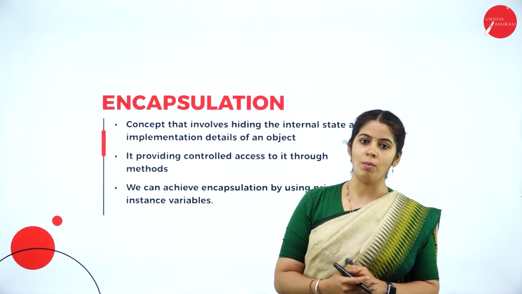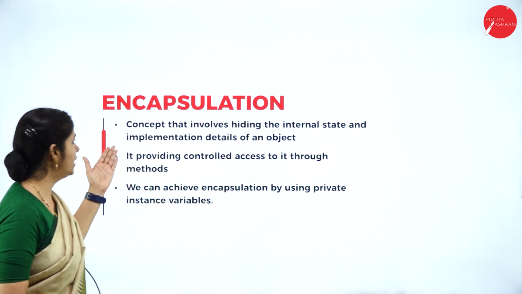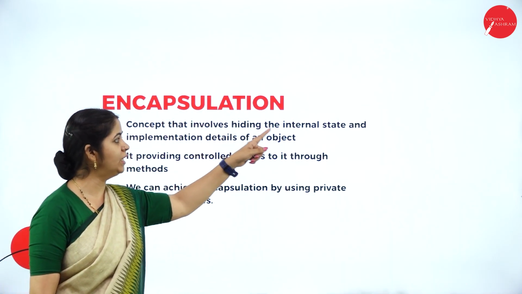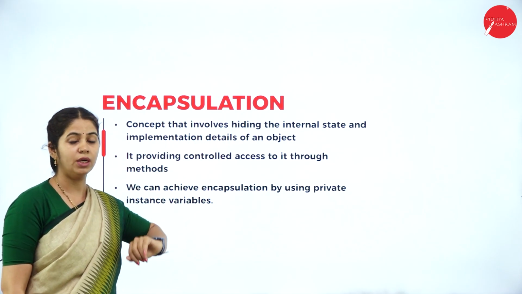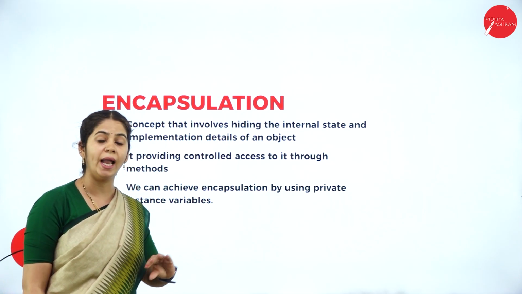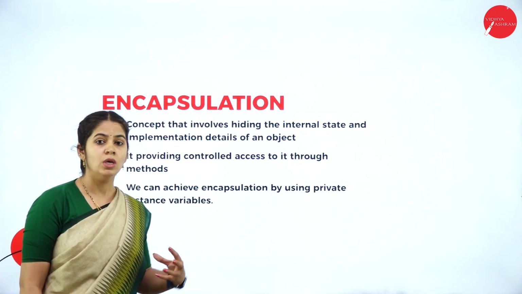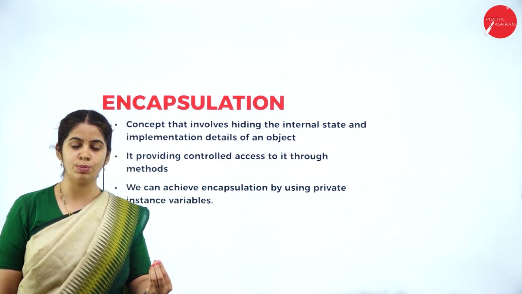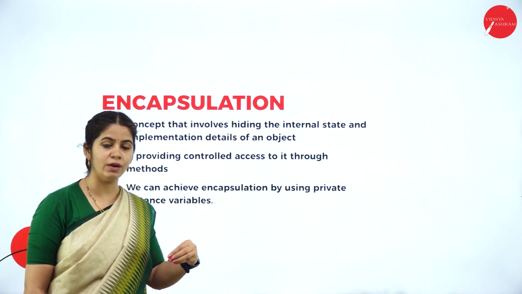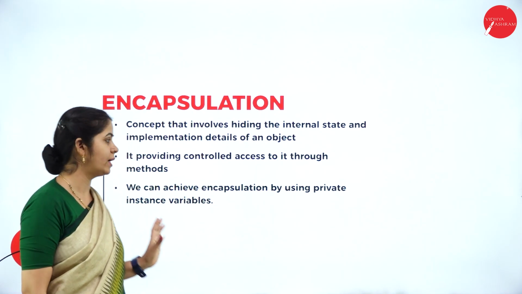Let us go with the formal definition of encapsulation. It is the concept that involves hiding the internal state and implementation detail of the object. What exactly are we doing? We are hiding the implementation detail of the object. In that particular object, which data is private, which data is protected, everything is hidden. Only the data which is public is given with access.